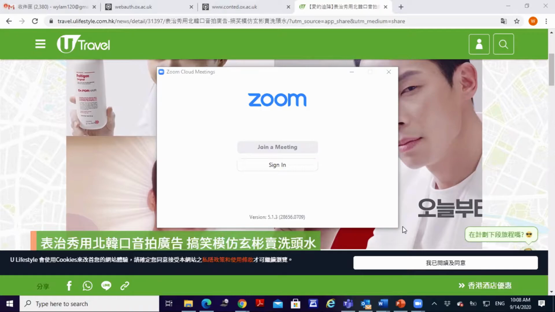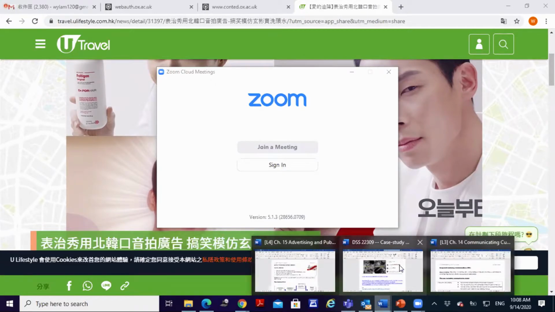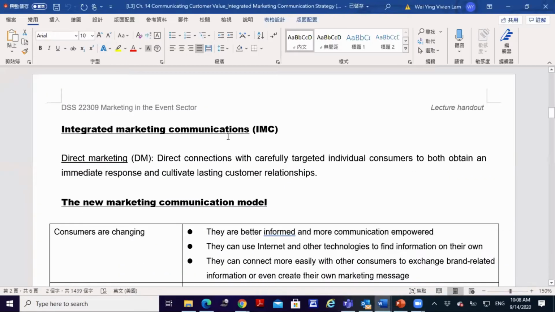OK guys, we are back. Let's continue. Please turn over to page 2.